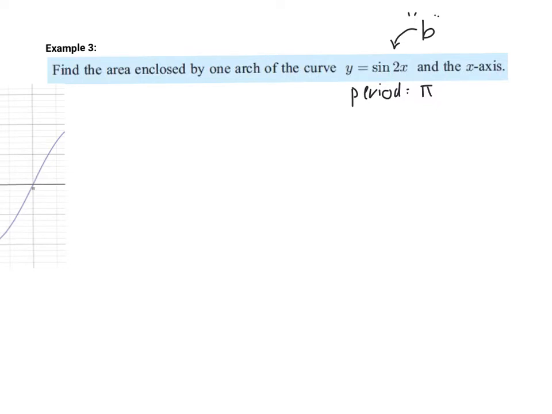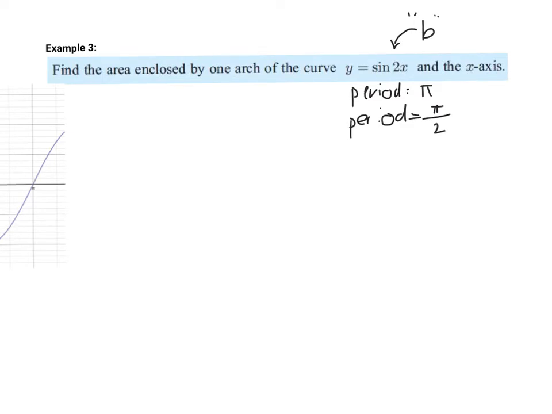Our b value told us about our horizontal stretch. So what we need to do here in order to find the period of sine 2x is divide our period by b. So our new period is going to be, so the period of sine 2x is pi.